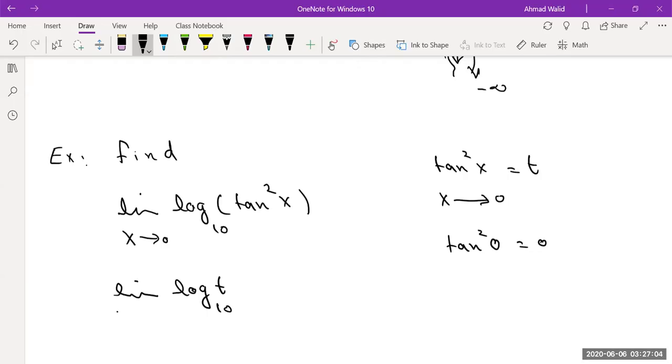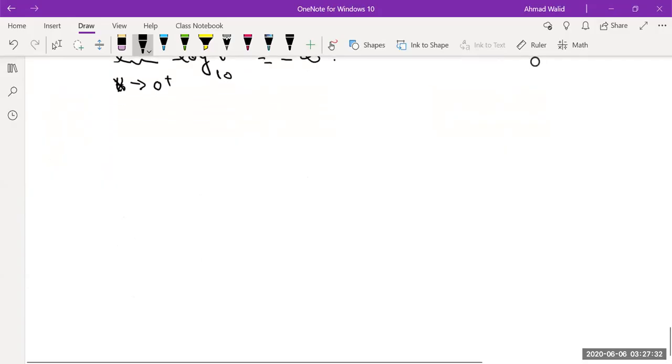Then here I will say as t approaching 0 from the right, then I have a notation for this. The limit of log x base b as x approaching 0 from the right always goes to where? To negative infinity. Correct? Later you will use this one in a bigger problem.